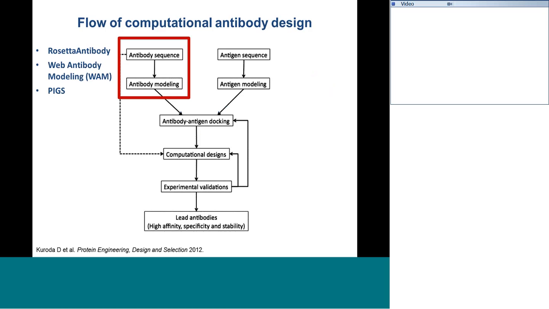There are some other approaches, Rosetta Antibody and Web Antibody Modeling, which allow you to build a model for the antibody sequence. We did some research because we wanted to put something useful on our website, and we figured out that Rosetta Antibody is very slow and takes a lot of CPU, and Web Antibody Modeling is slow forever.